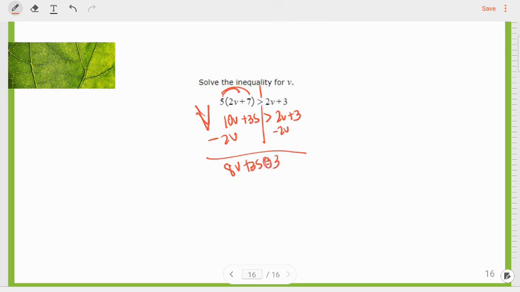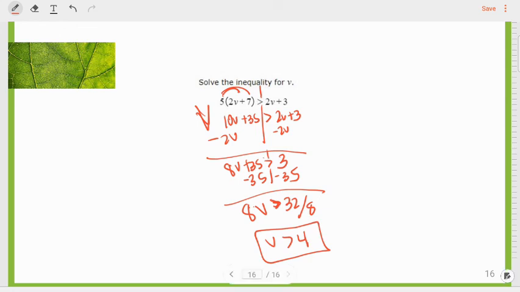Okay, be careful not to do this. I just made an equal sign there because I was not even thinking. So greater than 3. Draw my line down that symbol. Minus 35. Then I end up with 8v is greater than 32. Divide by 8, v is greater than 4.